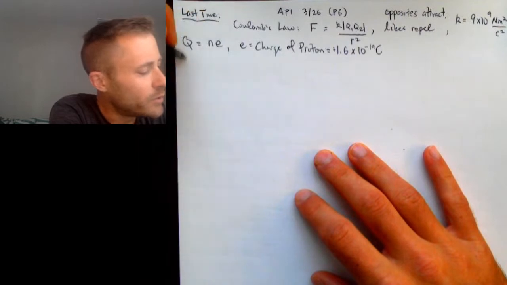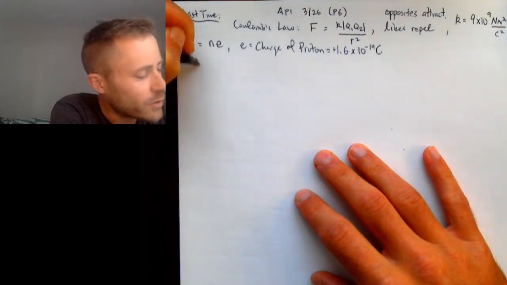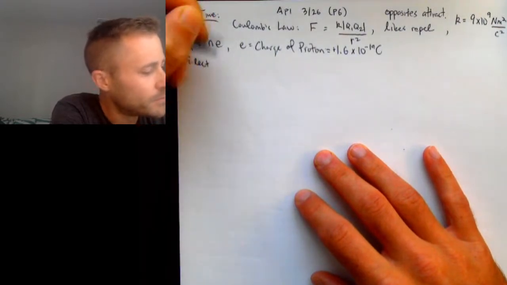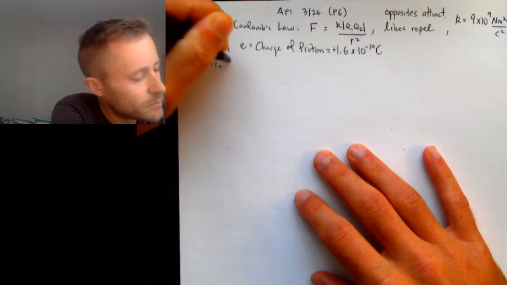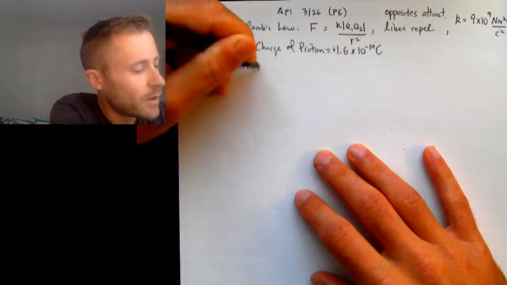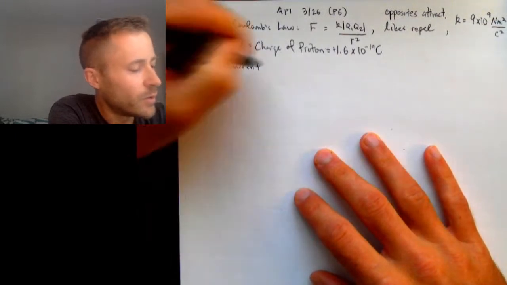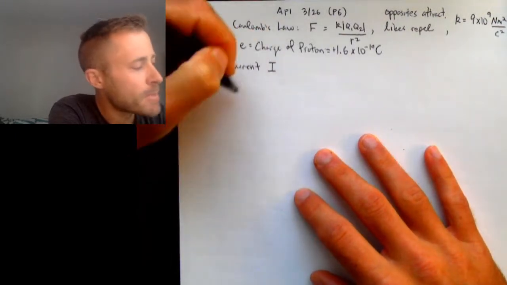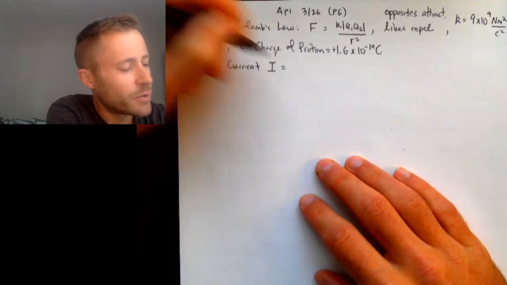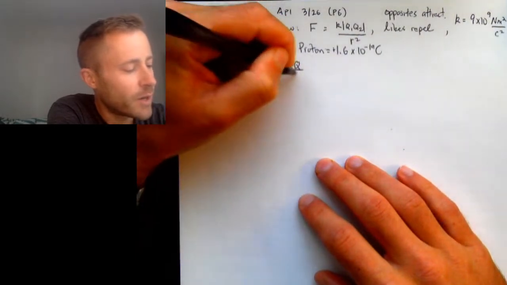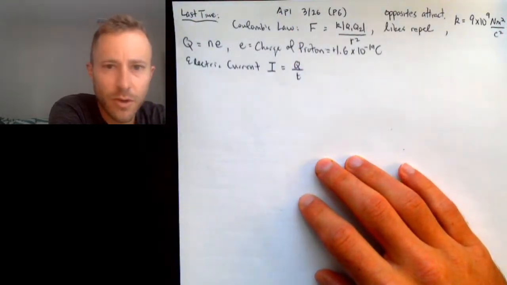Then we went on to discuss electric current, which is denoted by I. And I is the amount of charge that flows divided by the time it took to flow.